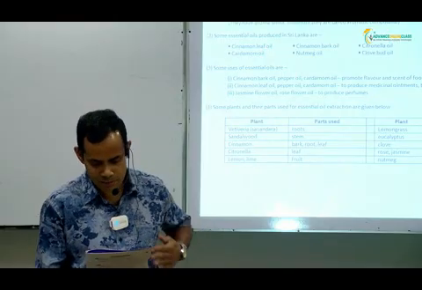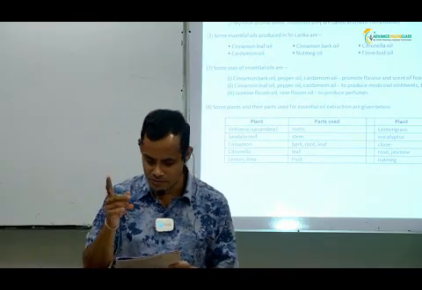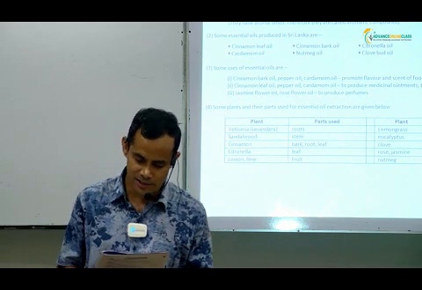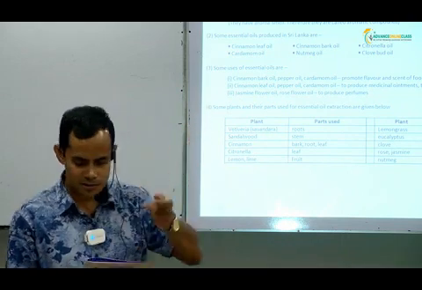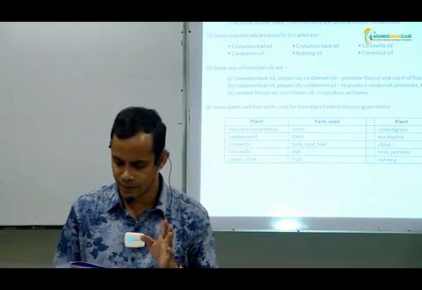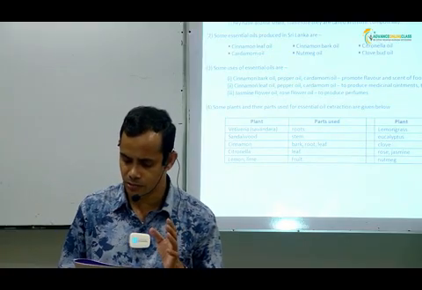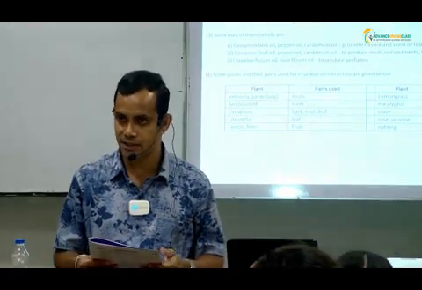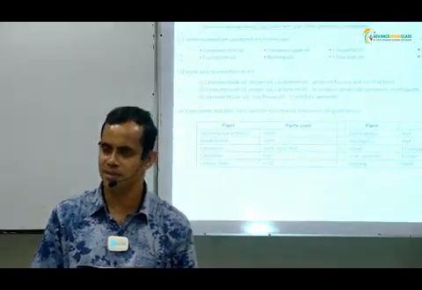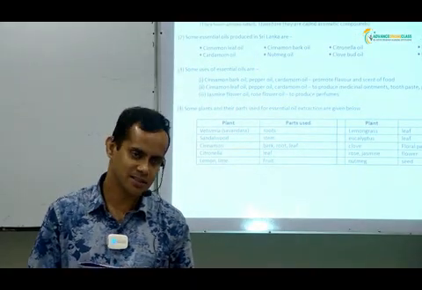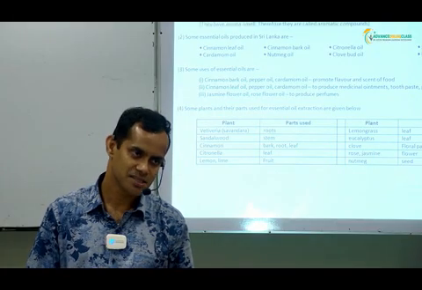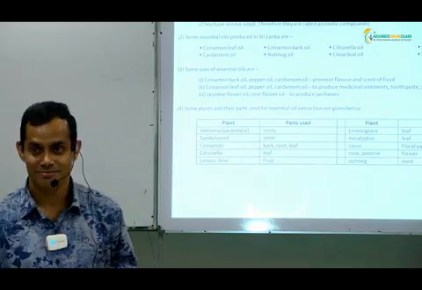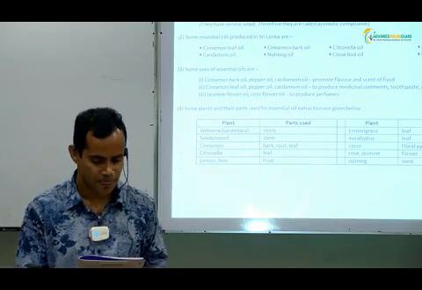Some essential oils produced in Sri Lanka, remember a few: cinnamon leaf oil, in the setup also cinnamon leaves were there, cinnamon bark oil, citronella, pepper, cardamom, nutmeg, clove, eucalyptus. Remember two or three, but don't forget cinnamon leaf oil, because in the setup cinnamon was there.